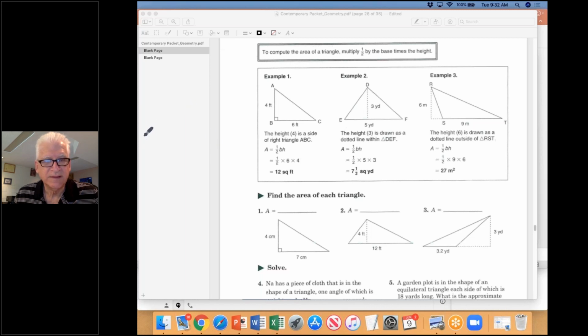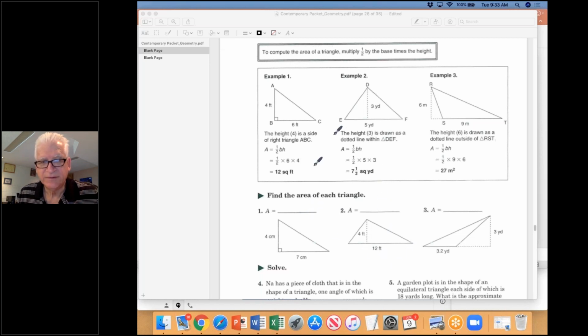And so we know that equals 1/2 base of 7, times the height of 4, 7 times 4, 28 times 1/2 equals 14. And this is centimeters. And because we're finding the area, we know that we have to write it as centimeters squared. So the answer is 14 centimeters squared.